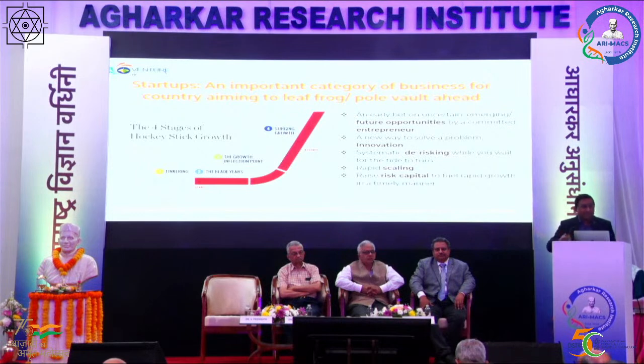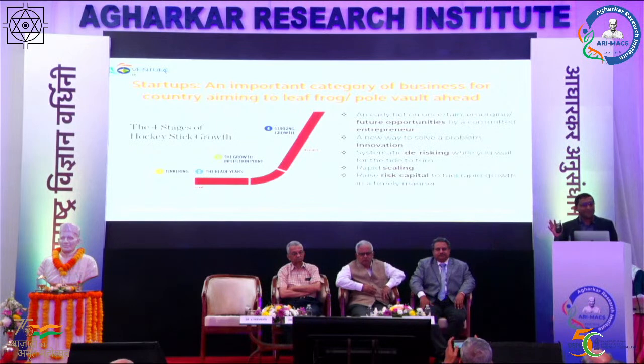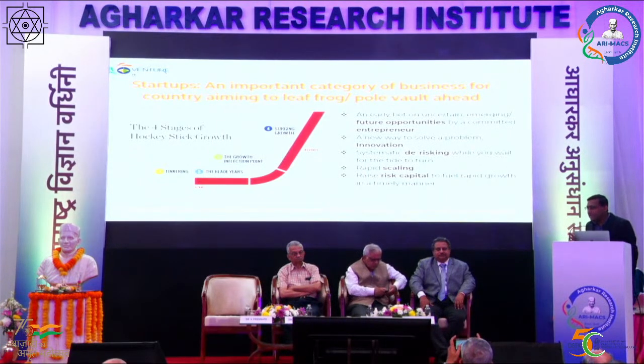We systematically de-risk ideas, right? And that also goes along well with us. It also rapidly scales, it grows very rapidly. And that is why it attracts risk capital. So when you hear in the news of companies raising a lot of money, that's because it is meant to scale very rapidly. And the kind of money that's chasing those opportunities is very different from your investment in an FD and so on and so forth, right?